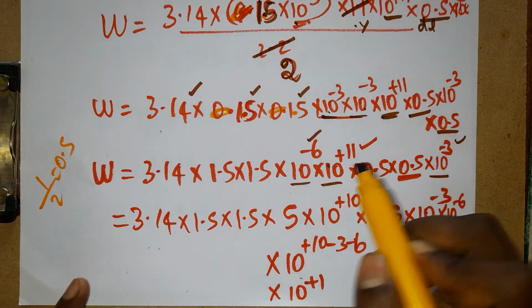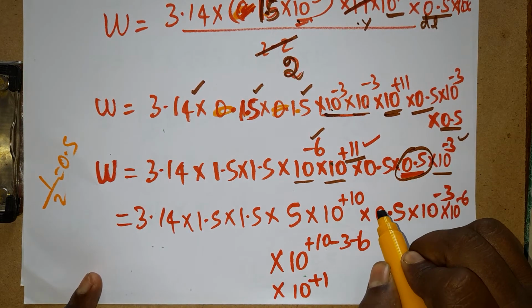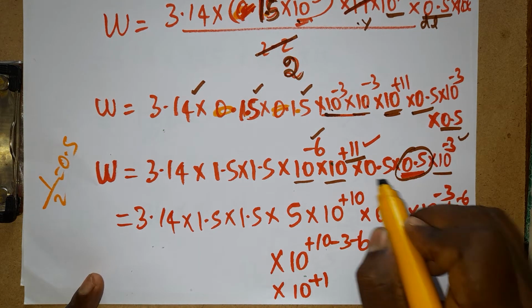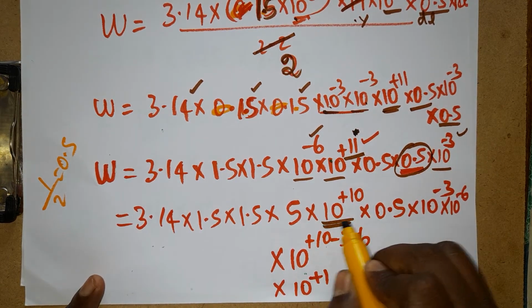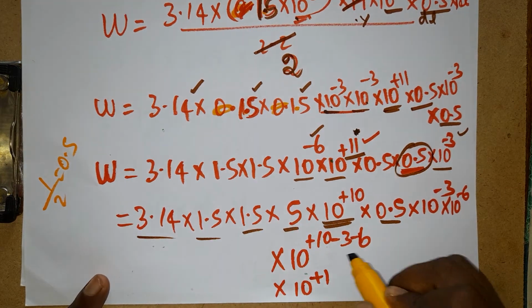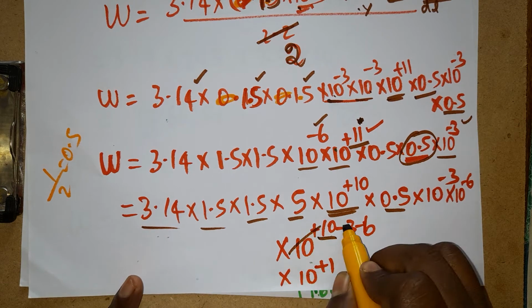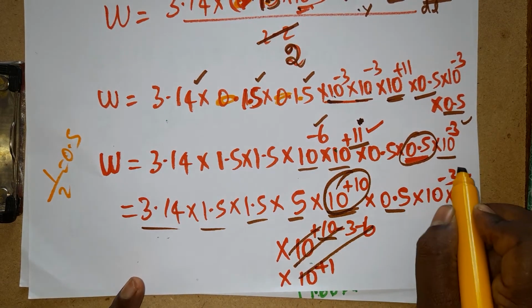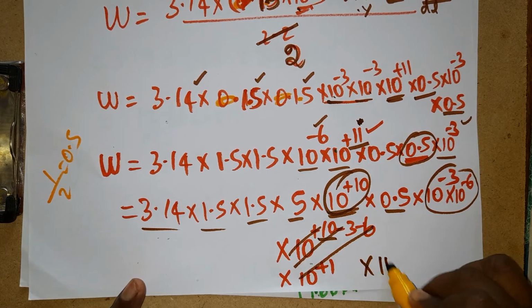Then 10 power plus 11 is there. One of the 0.5s I make as 5, so you can reduce one power, making it 10 power 10. Then the power will be plus 10. Here plus 10 and here minus 9, the answer will be 10 power plus 1.